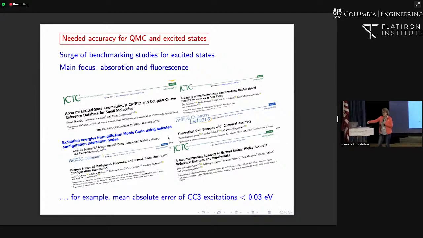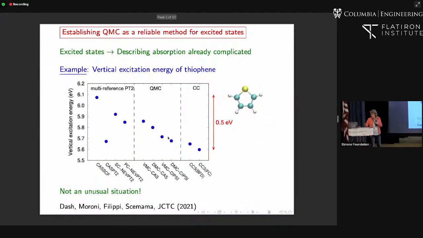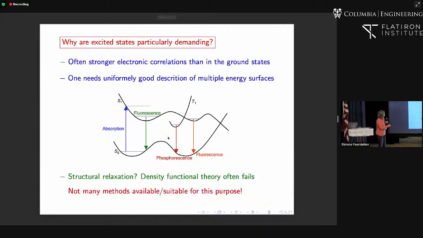Okay, excited states are quite demanding. You often have stronger electronic correlation, and they are open shell. You need to describe multiple energy surfaces with balanced accuracy. You have a wealth of phenomena: absorption, fluorescence, intersystem crossing, conical intersections.